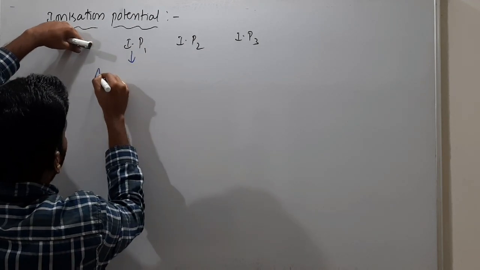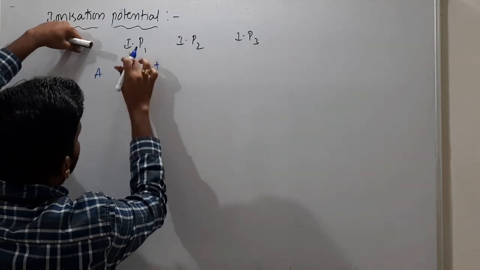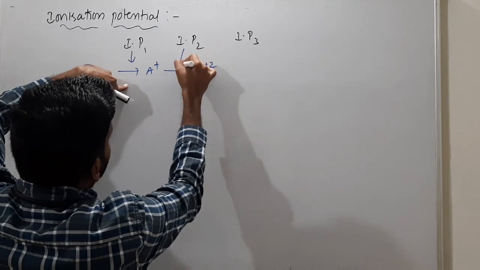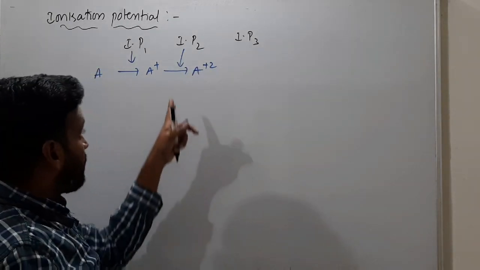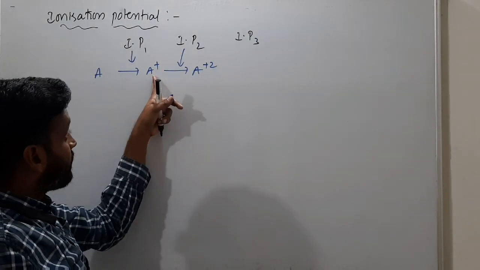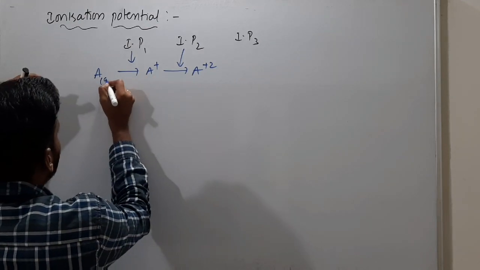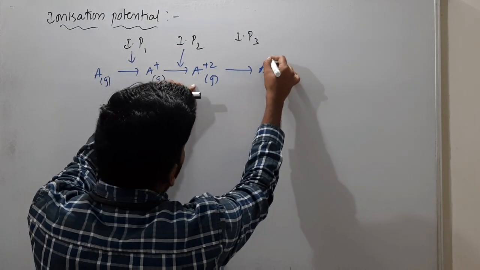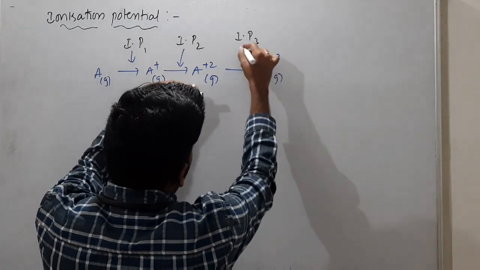So A converted to A plus is IP1. A plus converted to A2 plus is IP2, means one more electron you are removing from this A plus. All are in gaseous state. And A2 plus to A3 plus in gaseous state is IP3.